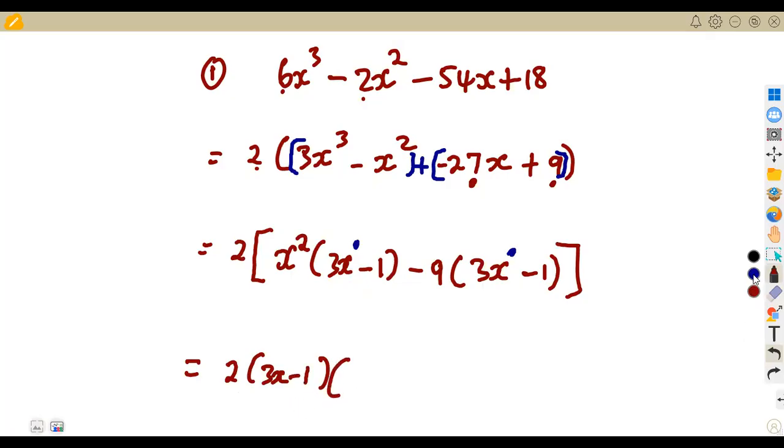If I factor out this bracket of 3x minus 1 here, I'm going to remain with x squared. If I factor out the bracket of 3x minus 1 here, I'm going to remain with -9.